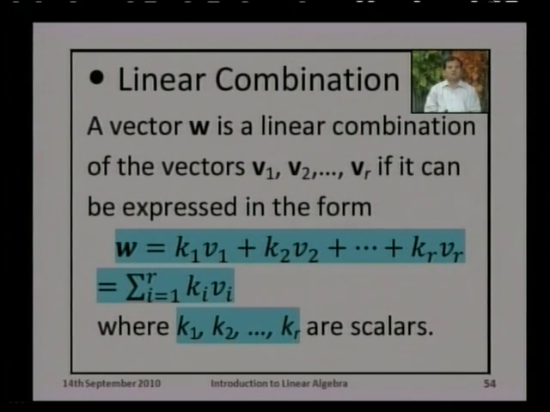A vector w is a linear combination of the vectors v1, v2, ..., vr if it can be expressed in the form w equals k1 v1 plus k2 v2 plus ... plus kr vr, where k1, k2, ..., kr are scalars. Then this is called a linear combination of the vectors v1, v2, ..., vr, and it gives rise to a vector w.